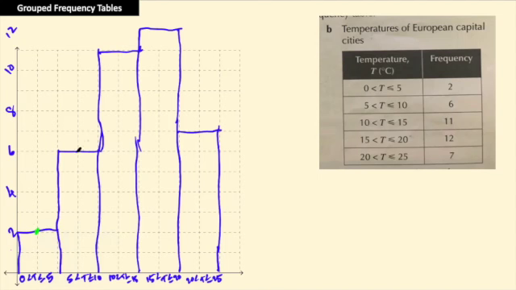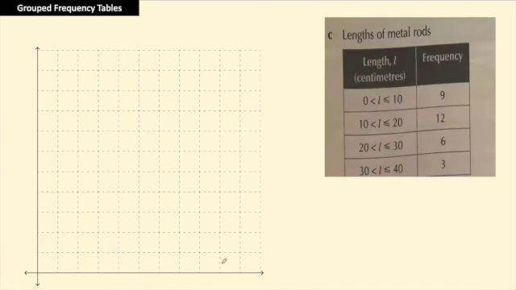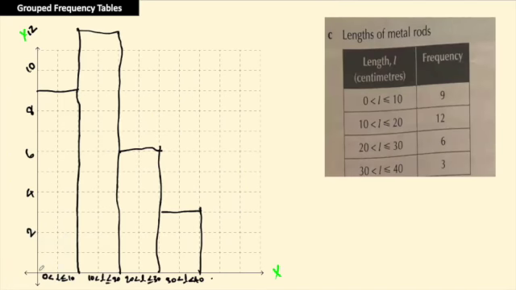The midpoints, then connect them to the starting point and the ending point. So we get the required polygon or the line graph. Moving on to question C. And now we can draw the polygon or the line graph.